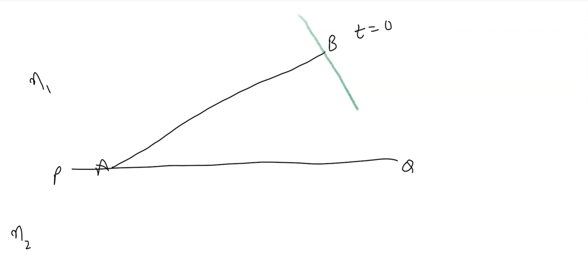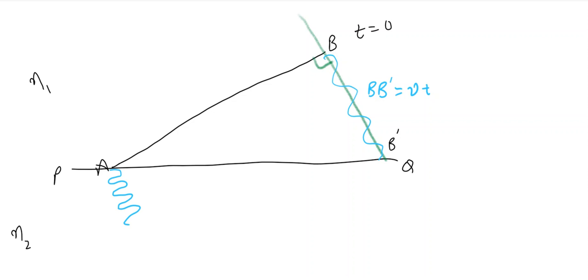By the time the secondary waves of B reach the surface, say at B prime, what must the secondary waves of A be doing? When the secondary waves of B are traveling at speed v, and hence BB prime is V1t, at that time the secondary waves of A must be traveling but in the other medium.